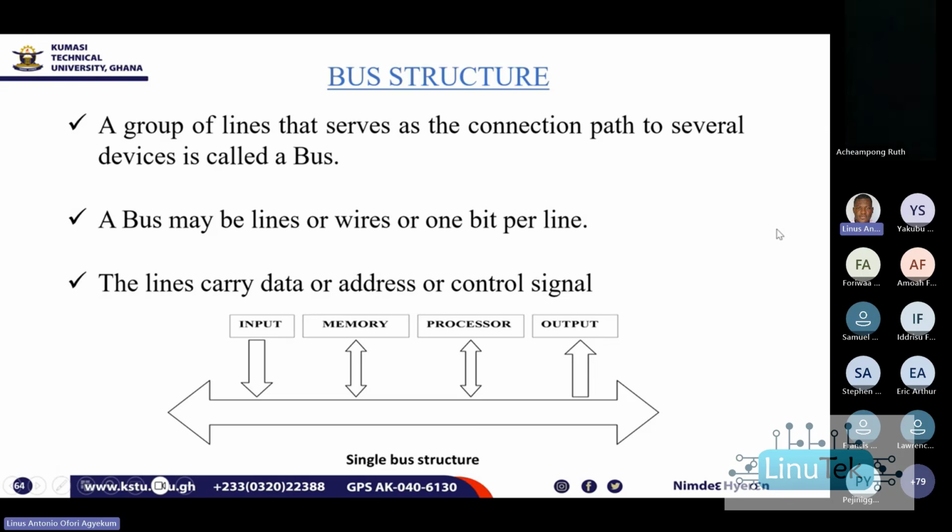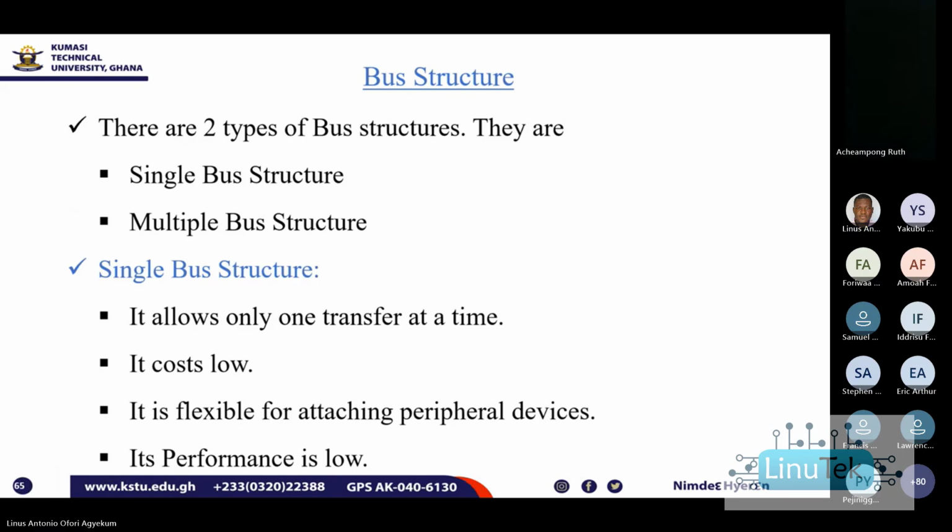Now, let's continue. Like I said earlier on, there are two types of bus structures. We have the single bus structure and we have the multiple bus structure. Just one second, a minute.